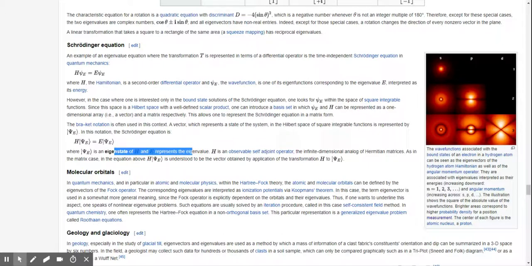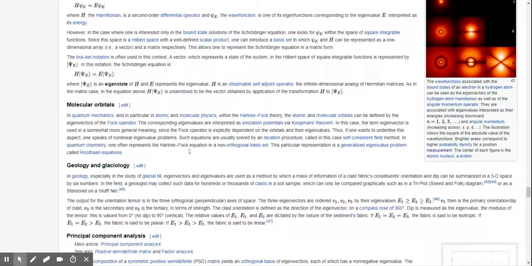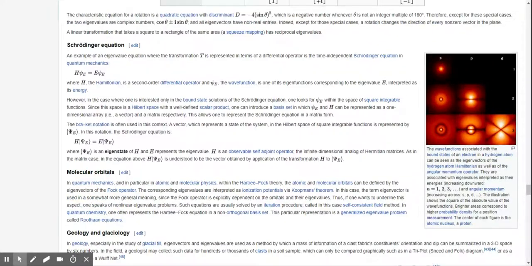Quantum mechanics, yeah, that's what I read already.